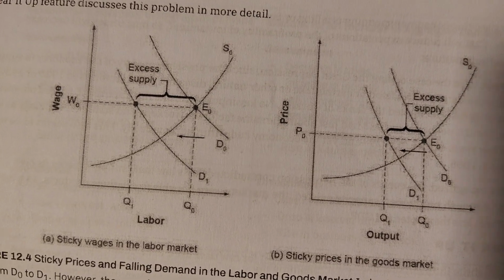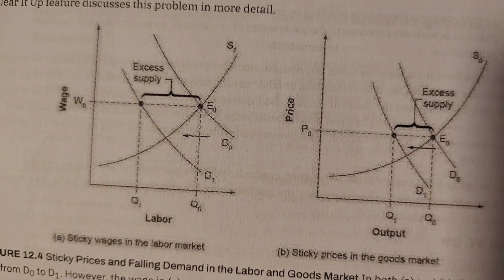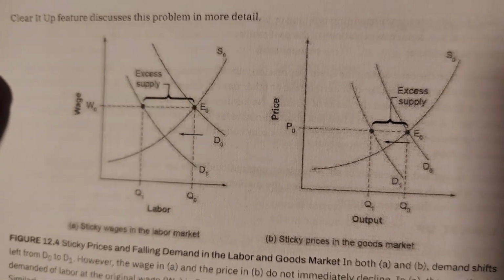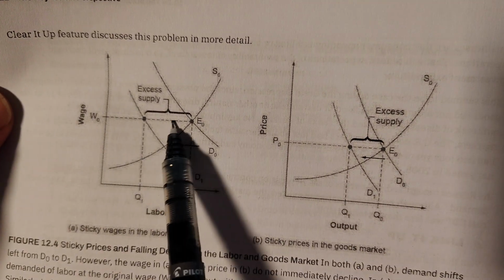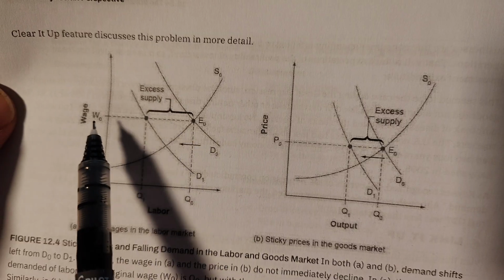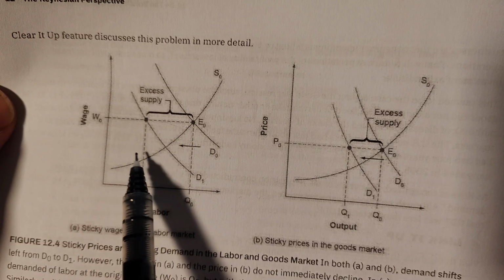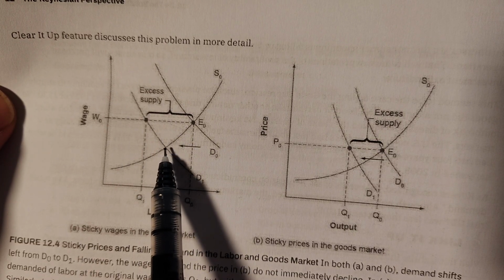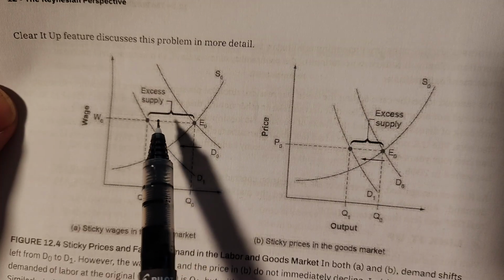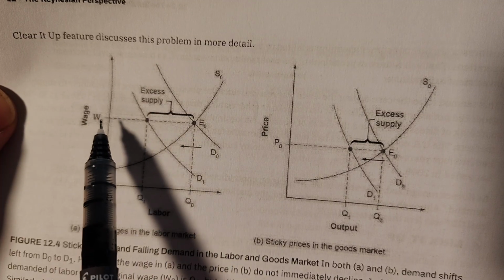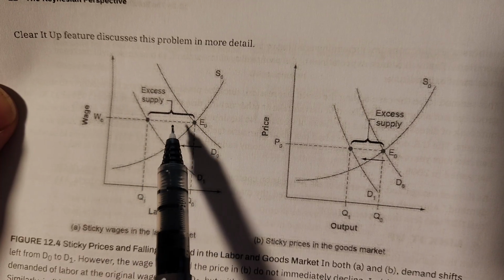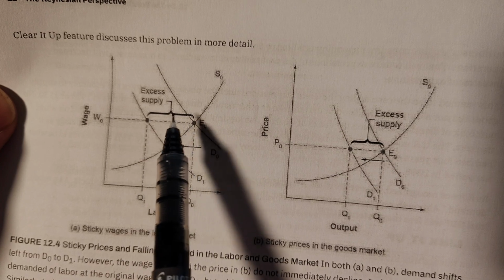And here you can see that if you have both wage and price stickiness, you're going to definitely get a bigger response to unemployment if wages aren't allowed to come down to clear the market, right? Here we have a surplus, but if the wage is stuck, that surplus is going to be stuck with us for a very long time.